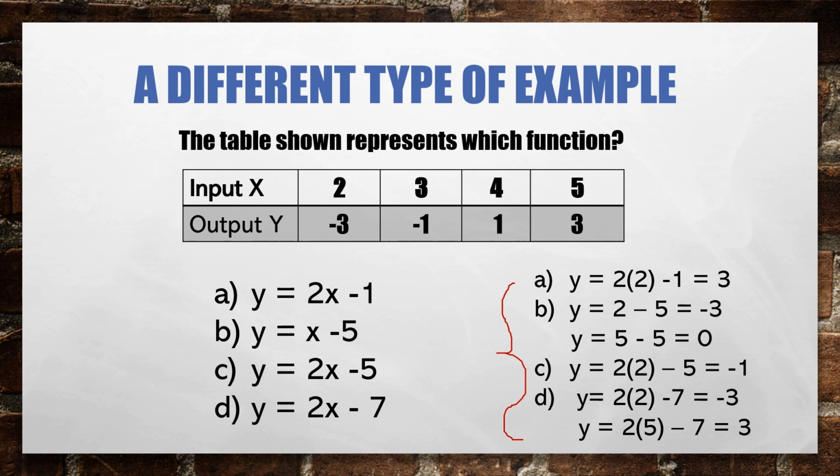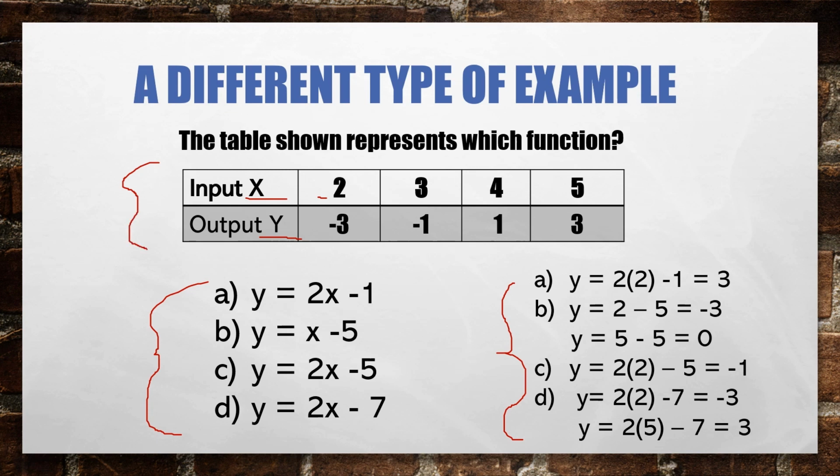Well, in this example, they are giving us both x and y values, and they want us to tell them which of these functions is the function that's represented by the numbers in this table.